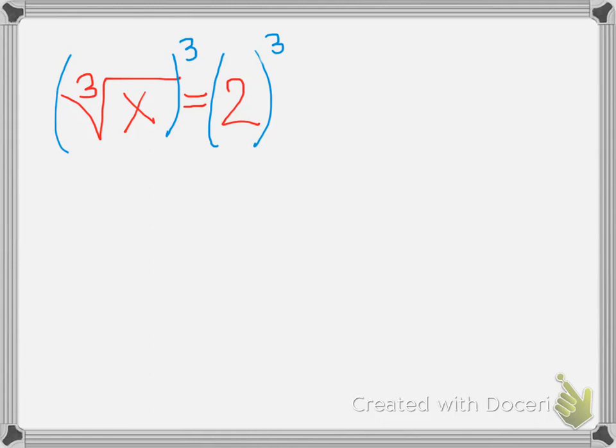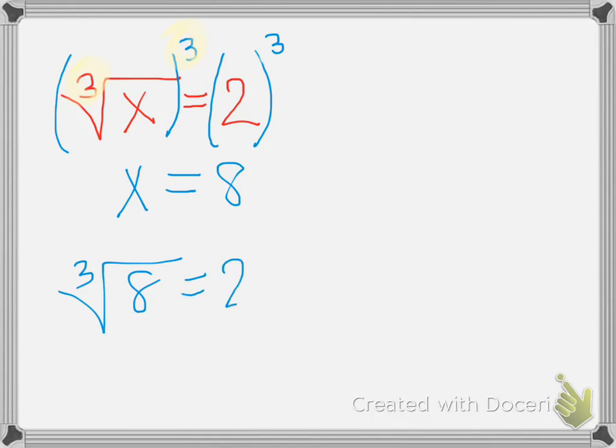Okay, and the index of 3, or the cube root, cancels with the cube. So I get x equals 2 times 2 times 2, which is 8. And then again, I can check that. Is the cube root of 8 really 2? Well, yeah, because remember this trick, these cancel out.